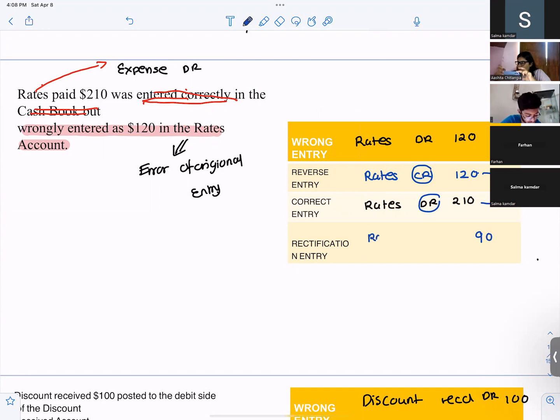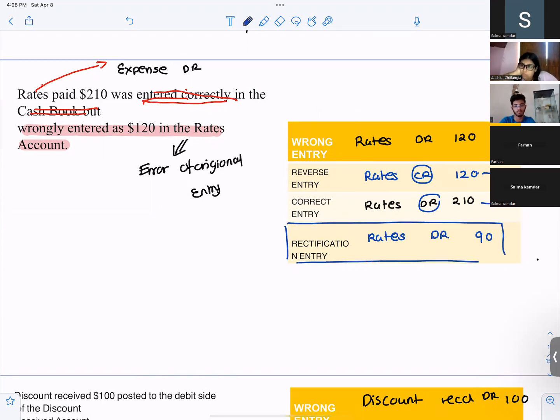Rates I will put debit or credit? The one that is more. Credit is 120 and debit is 210. The debit is more, so the rectification entry would be rates debit.